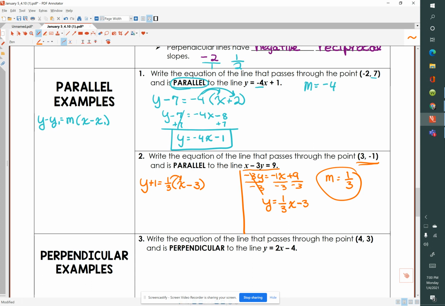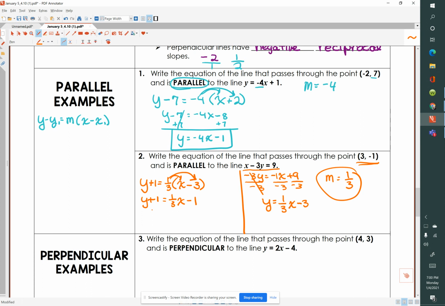Then when we distribute, we have y plus 1 equals 1/3 x, and 1/3 times -3 is -1.